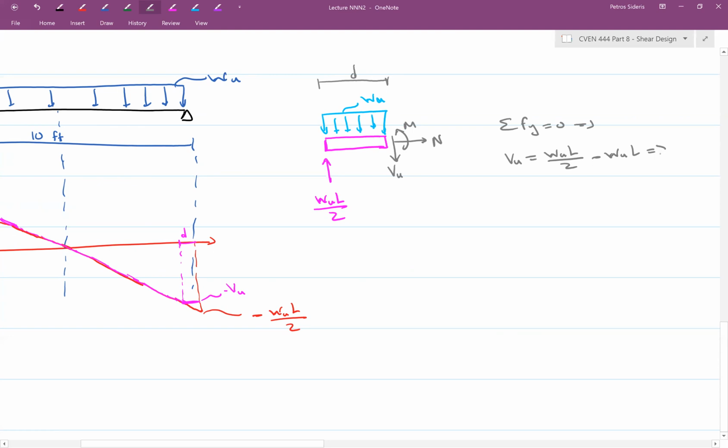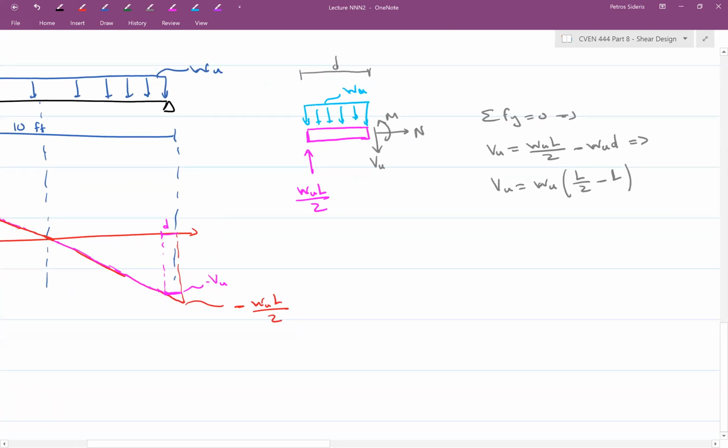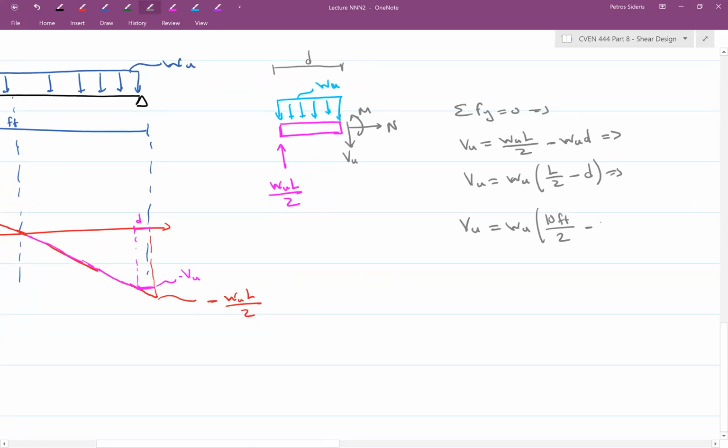This is what you would end up with, and that would give me VU equal to WU times L over 2 minus, oops, sorry, times D here, not L, WU D. This distance is D, so you have L over 2 minus D. And if you substitute some numbers, you have VU equals this WU, which is unknown, and L is 10 feet, so you have 10 feet over 2, and D is, let me see, 10.25 inches.